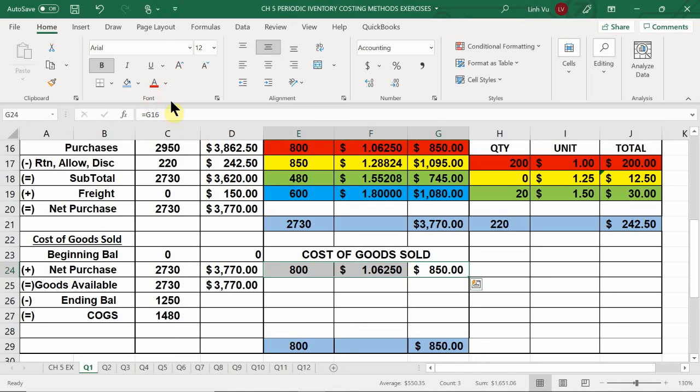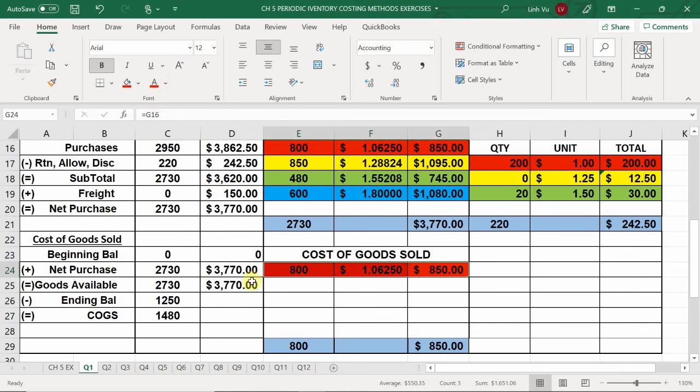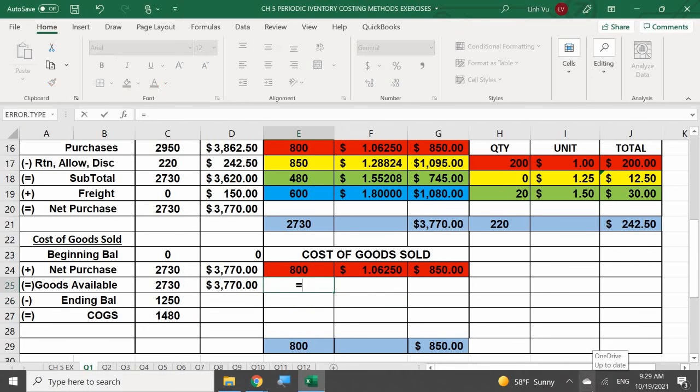I'm going to carry this over so you know that this is FIFO. So this was the red batch. There you go, I eliminated my red batch. Which batch is next? Yellow.